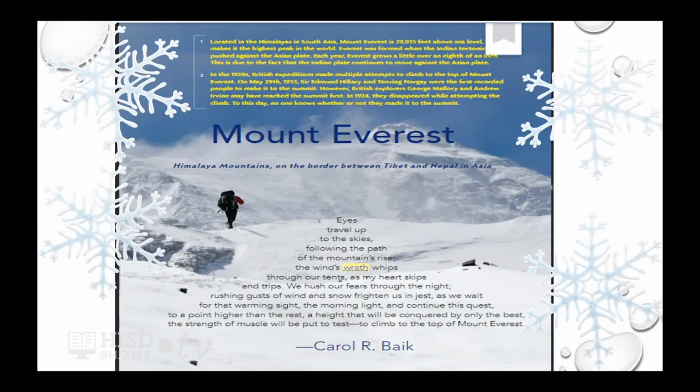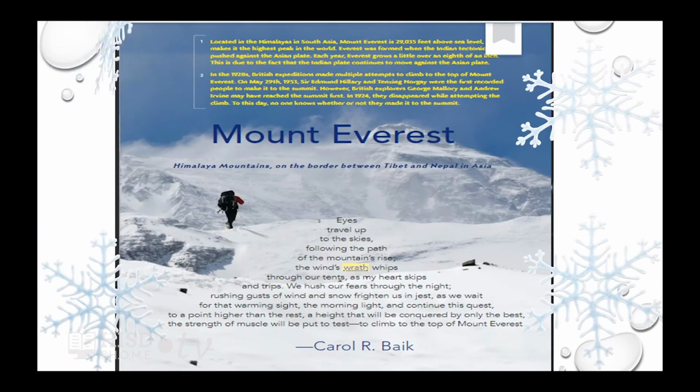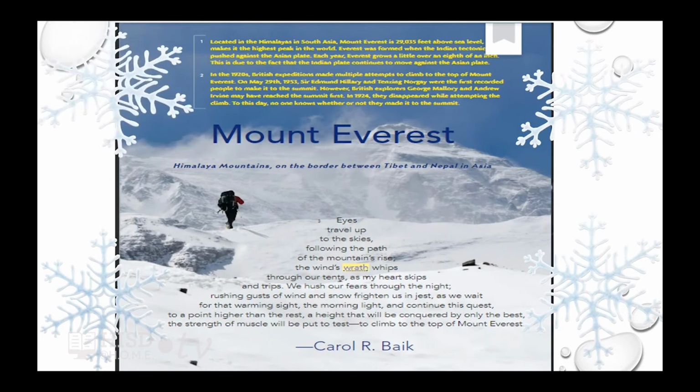Mount Everest, Himalaya mountains on the border between Tibet and Nepal in Asia. Eyes travel up to the skies, following the path of the mountain's rise. The wind's wrath whips through our tents as my heart skips and trips. We hush our fears through the night.